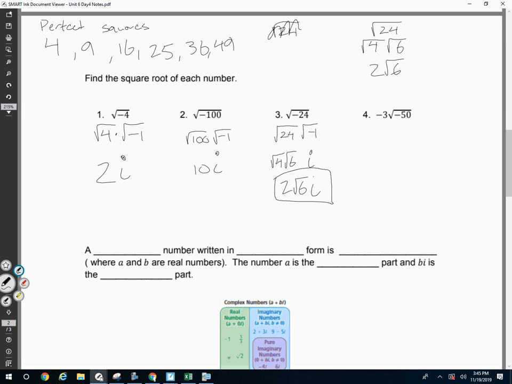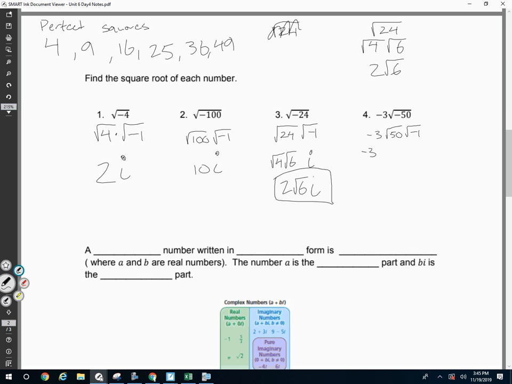Okay, we'll do a couple more after this. Negative 3 times root negative 50. I'll split this into root 50 and root negative 1. We can split root 50 into a product of 2 numbers, one of which is a perfect square and one of which is not. 25 and 2.